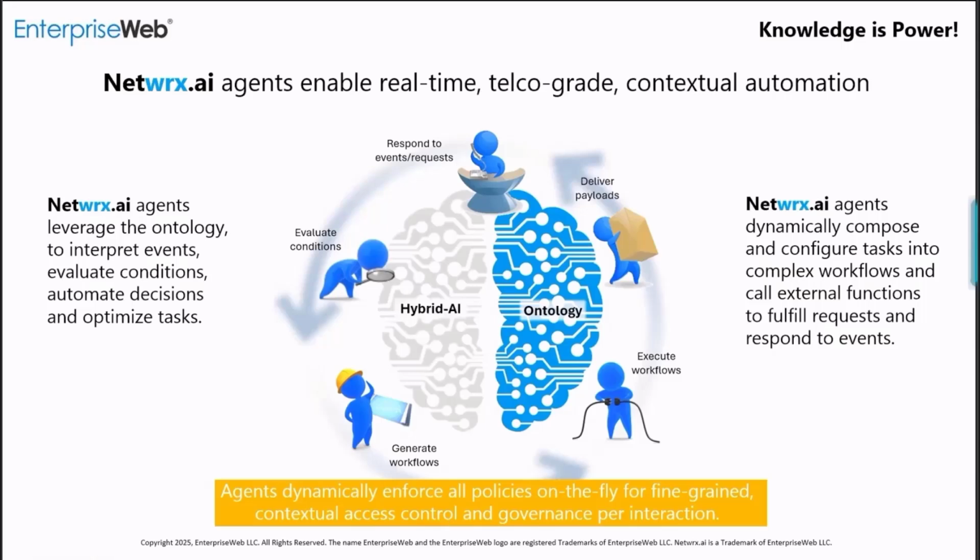If you can't be telco grade, then I don't think a technology can really be deployed, right? So we start from the presumption that everything needs to be enterprise grade or telco grade to be reasonably put into production, and that's what we're delivering.